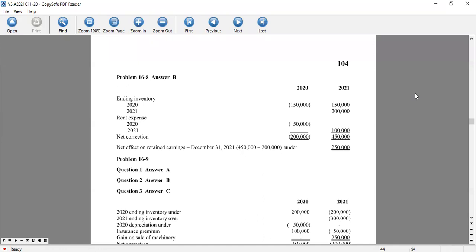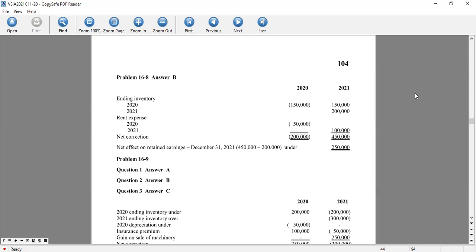In 2021, the inventory was again understated by 200,000. So the ending inventory of 2021 is understated, so the cost of goods sold was overstated, so that net income was understated. We have to add back the same to retained earnings.